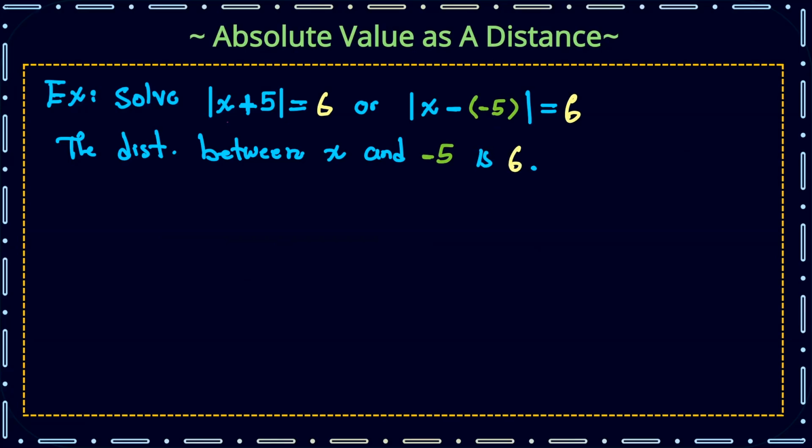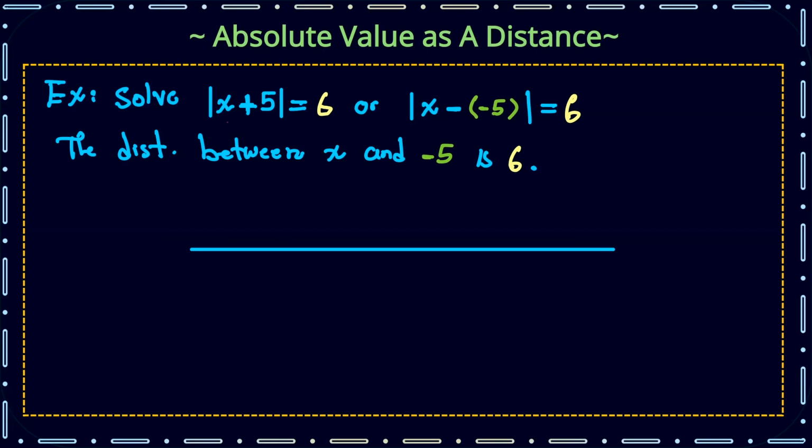Whenever you see the absolute value of the sum of two numbers, you can write that positive as a double negative, so you can identify your C. X minus, that's your C, negative 5. So now let's rely on our number line. Here the center is negative 5.